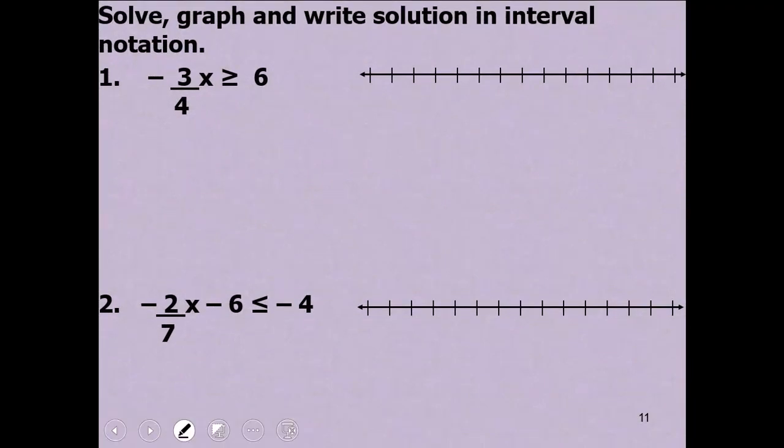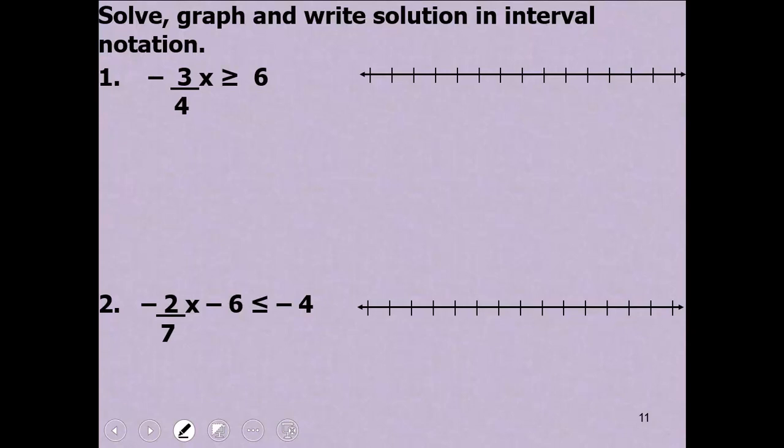All right, so we're going to solve, graph, and write solutions in interval notation. I have chosen to do fractions for this so that you can see the hardest examples, and then hopefully you'll be able to do the easier ones tomorrow in class. All right, here we go.